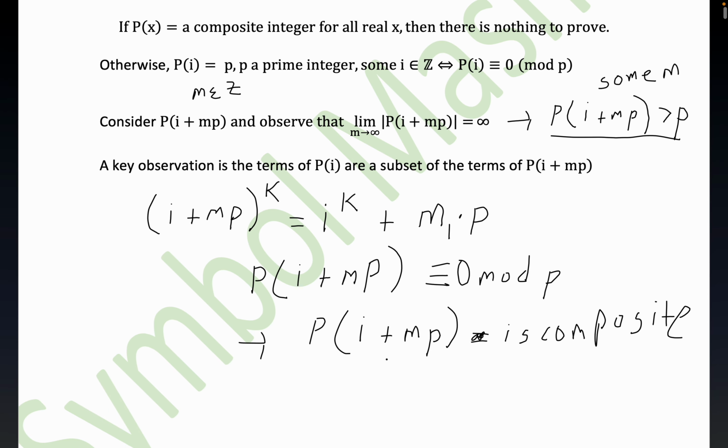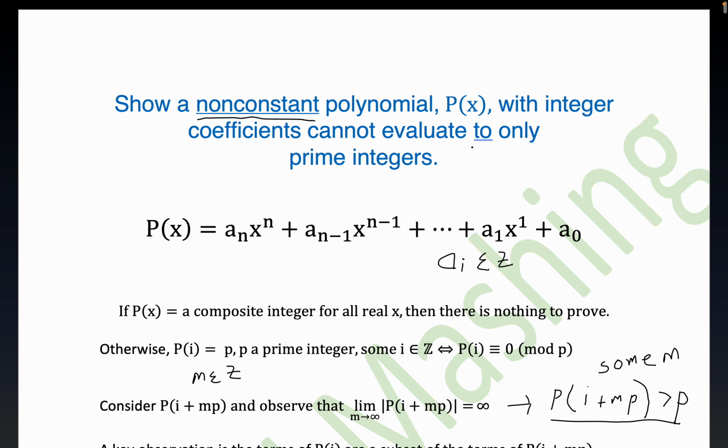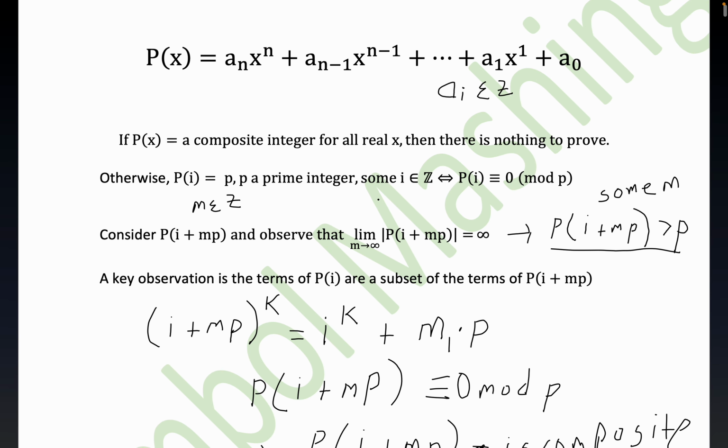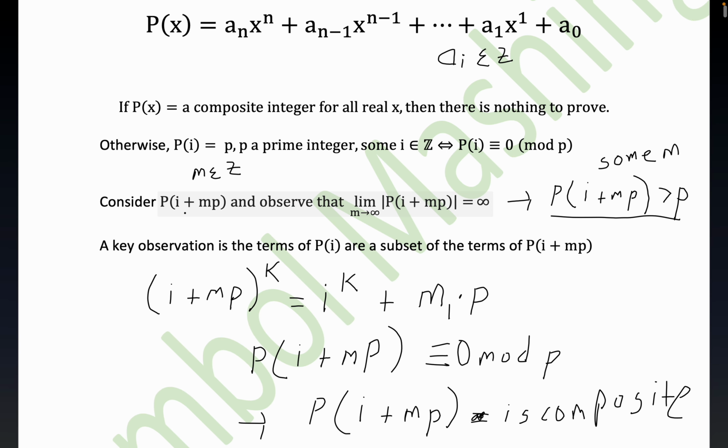So we have proved what we set out to prove, that this polynomial cannot evaluate only to a prime output, okay? And the basic truths that we used: we made the assumption that p of I is equal to a prime number. We claimed that the terms in p sub I are a subset of p of I plus mp, right? And then a general term in the polynomial, notwithstanding the integer constant, is going to be I sub k plus some multiple of p.